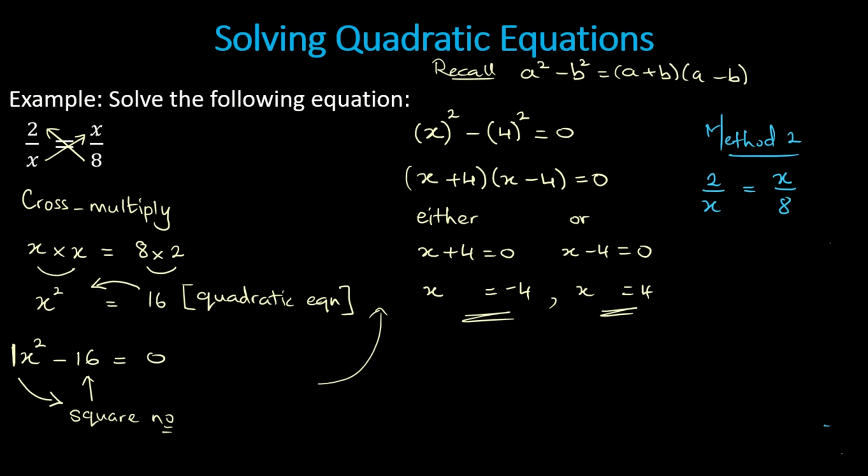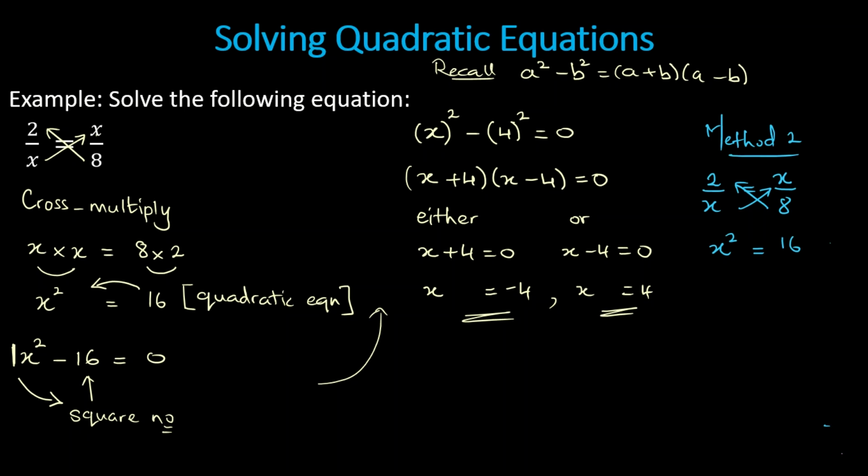Again we use cross multiply. x times x is x squared equals 8 times 2 is 16. The first step is the same as the previous method. Now instead of using factorization, we are going to find x directly.